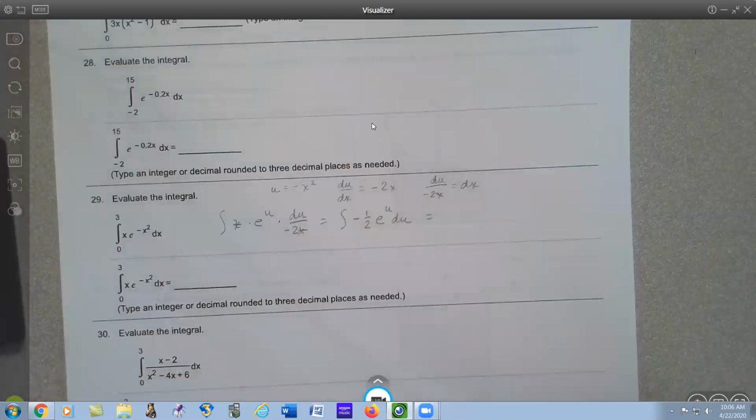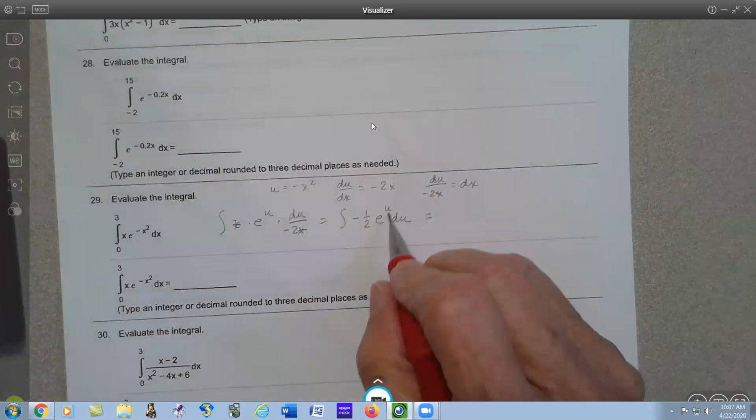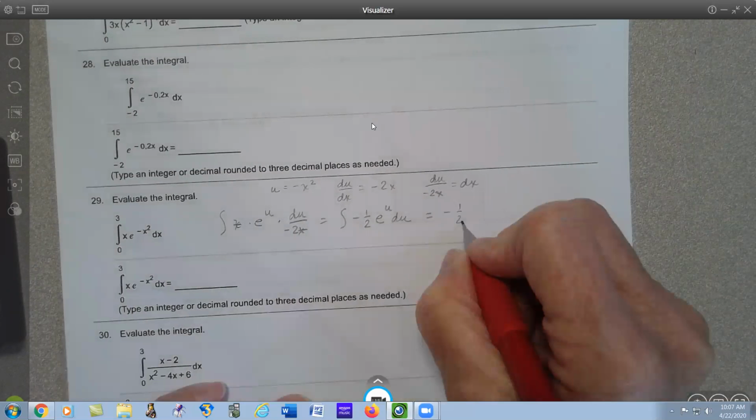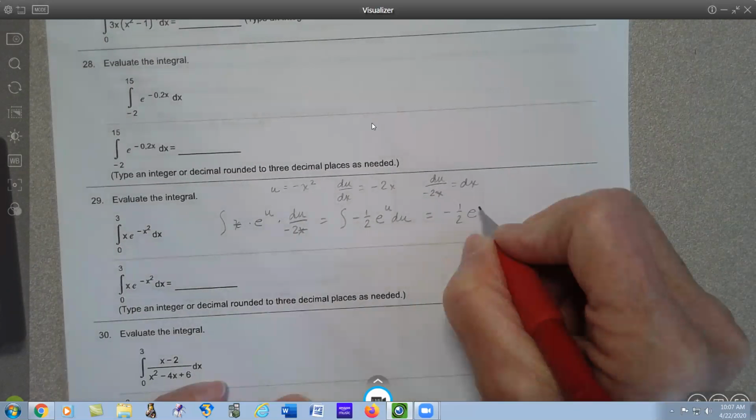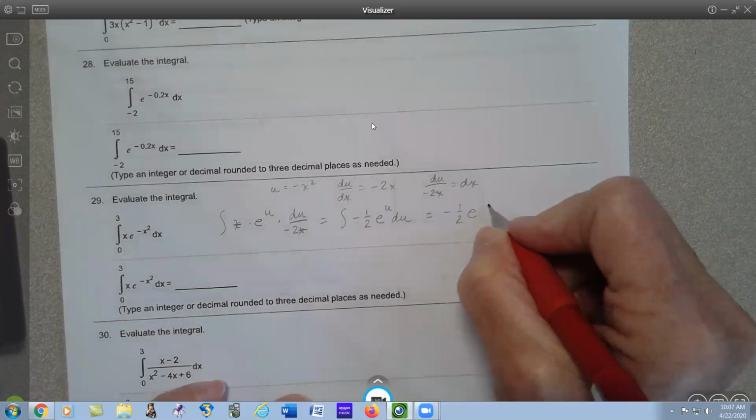So Peyton, is that all right so far? Yes. Now, when I get it down to this step, what's nice about it, if you remember, e to the u is not only its own derivative, but also its own antiderivative. So this just equals a negative 1/2 e to the u. But I'm going to go ahead and get what my u was because I'm running out of room, which is normal.